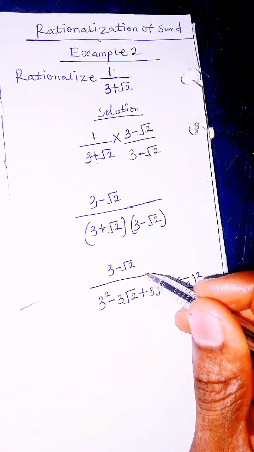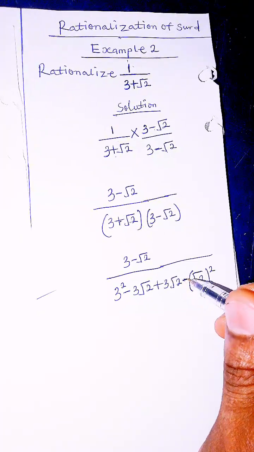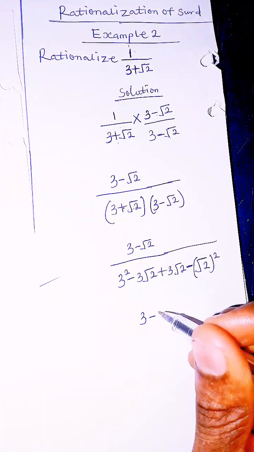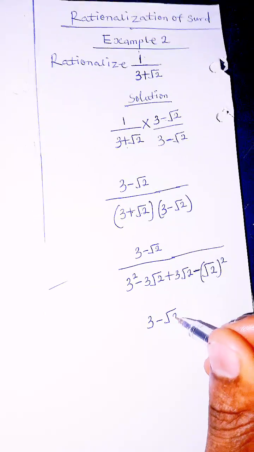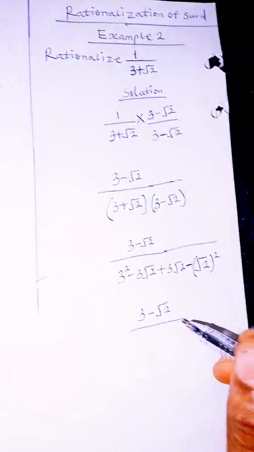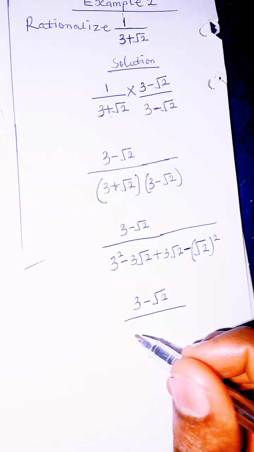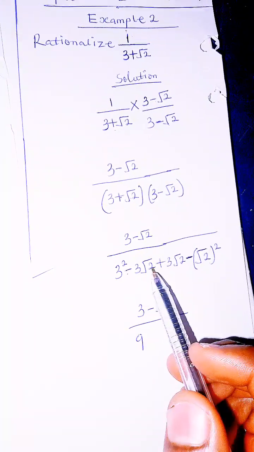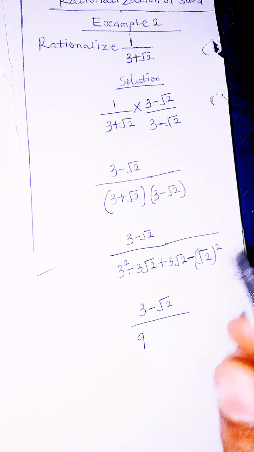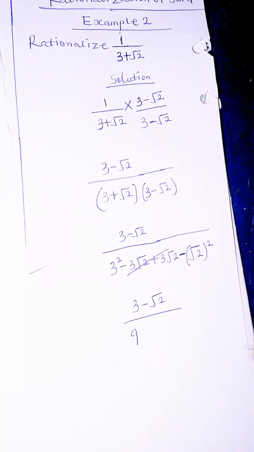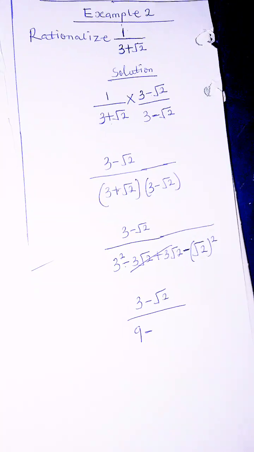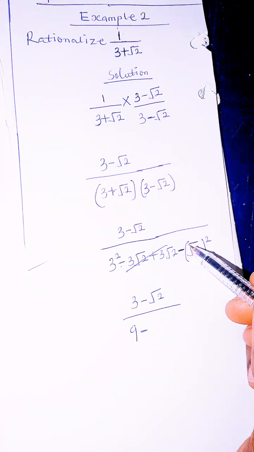We can square it like this, such that we have 3 minus root 2 divided by 3 square is what? 9. Minus 3 root 2 plus 3 root 2, it will cancel out. We have what? Minus. In mathematics, square root sign means what?